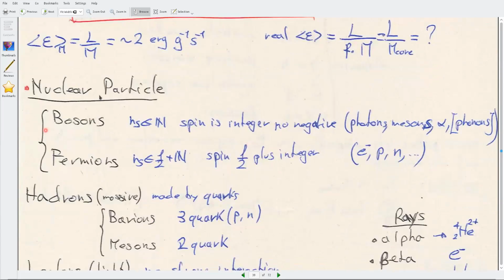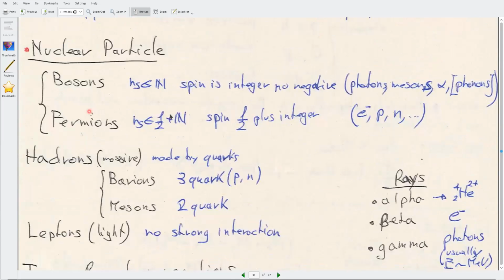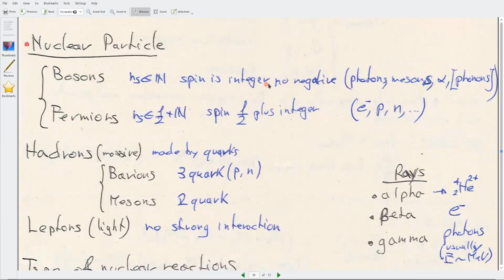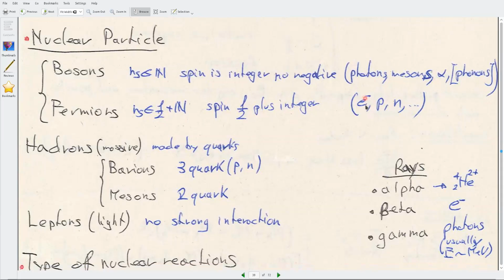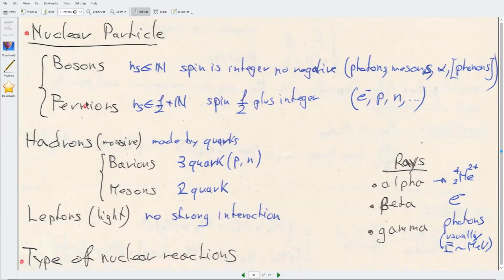As we said, we have nuclear particles. Bosons have integer, non-negative spin: photon, meson, alpha ray, phonons. Fermions: electrons, protons, neutrons are mainly interesting.